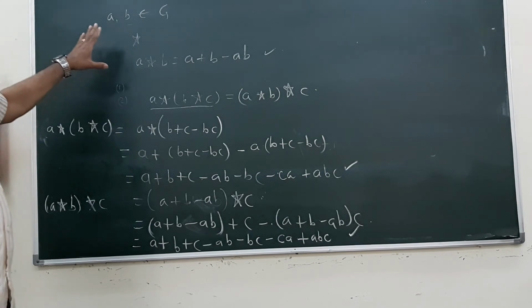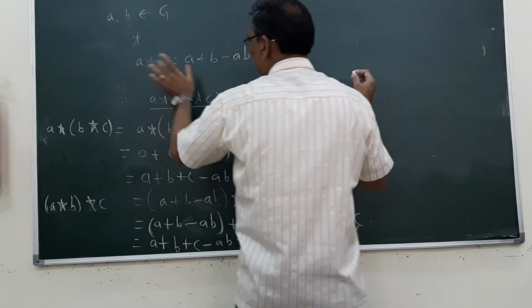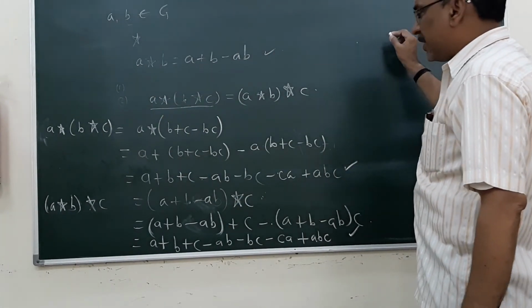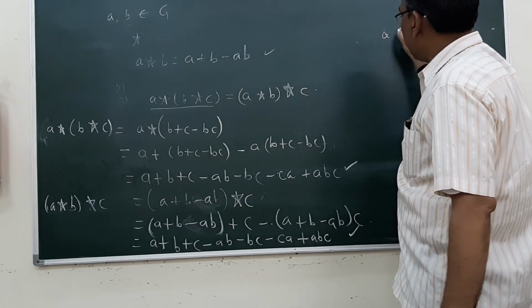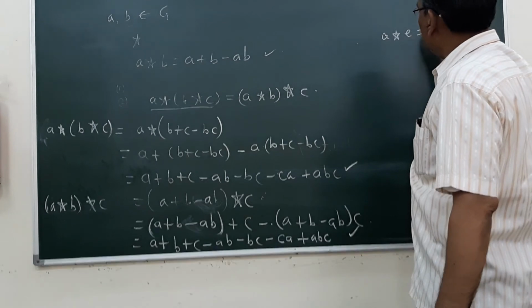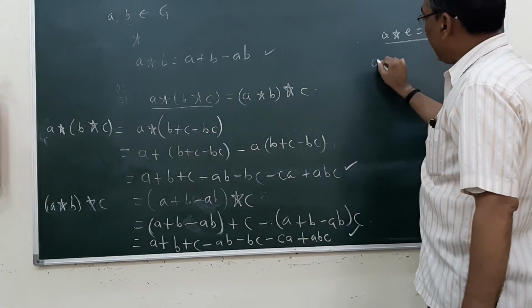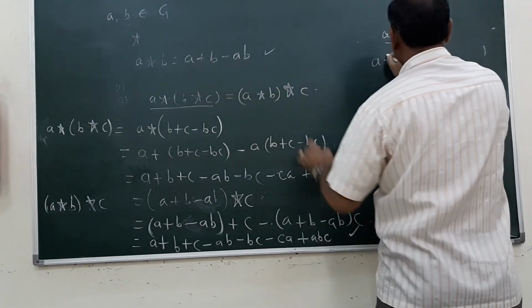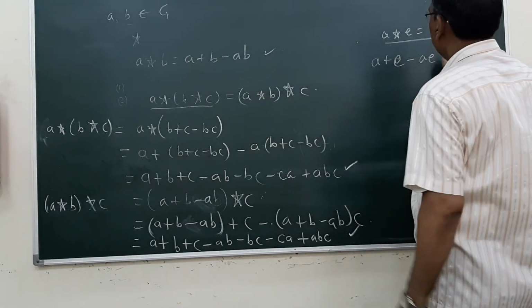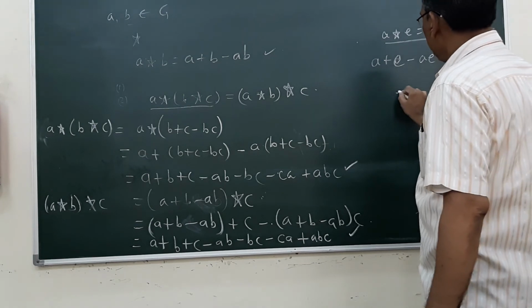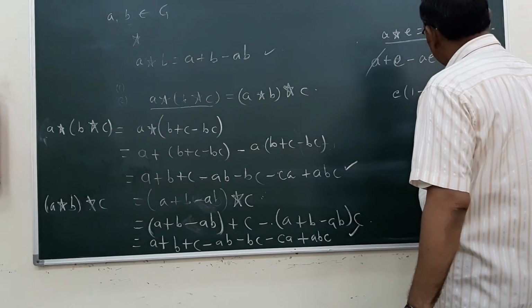Again, for identity and inverse with this property, say what is the identity and what is the inverse. Say E is the identity element, then A operation E will be equal to A. So from this property, A plus E minus AE must be equal to A. So A cancels out, E into (1 minus A) is equal to 0.